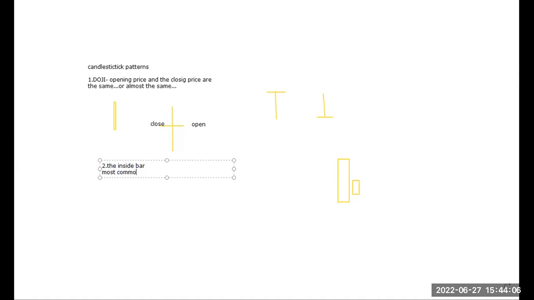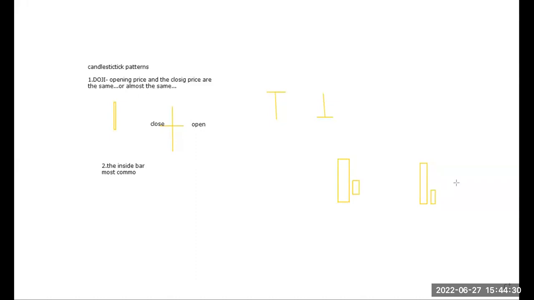Remember I said inside bar entails two candlesticks. We can have an inside bar being formed in the middle, like that one that you've seen. Then we can have an inside bar being formed at the bottom like this.